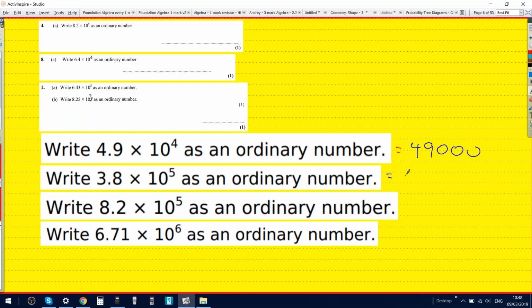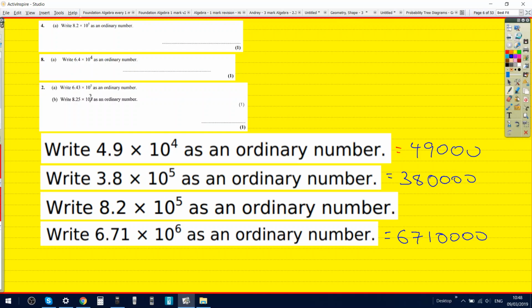So would that be 38,000? 3, 8, and how many zeros? 4 zeros. And the last one would be 671 with 4 zeros. Well done. So big.